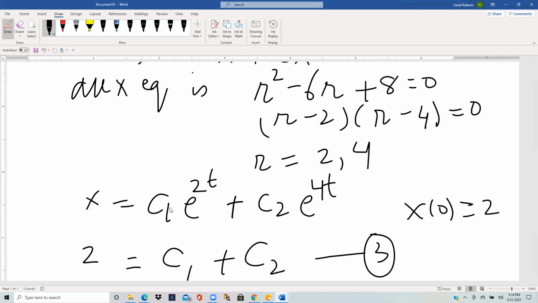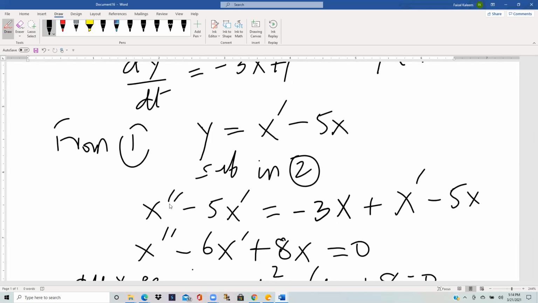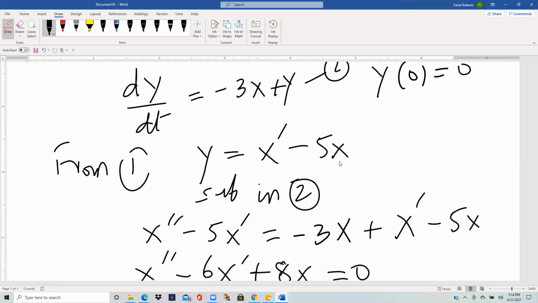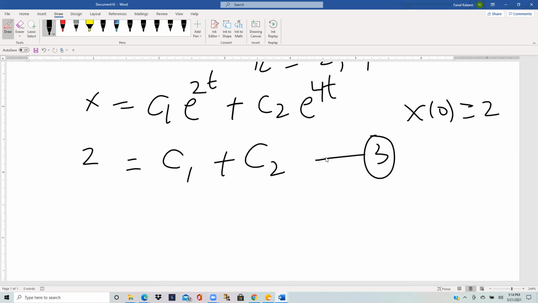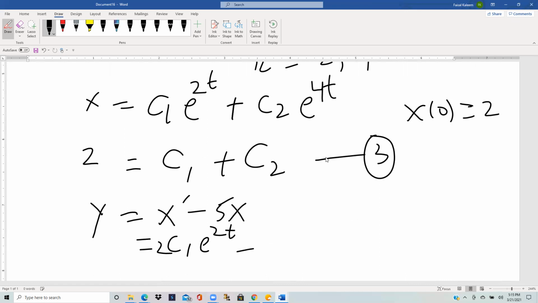So x is here, and y is equal to x prime minus 5x. y is equal to x prime minus 5x is equal to, okay, x prime will be 2c1 e to the 2t plus 4c2 e to the 4t.